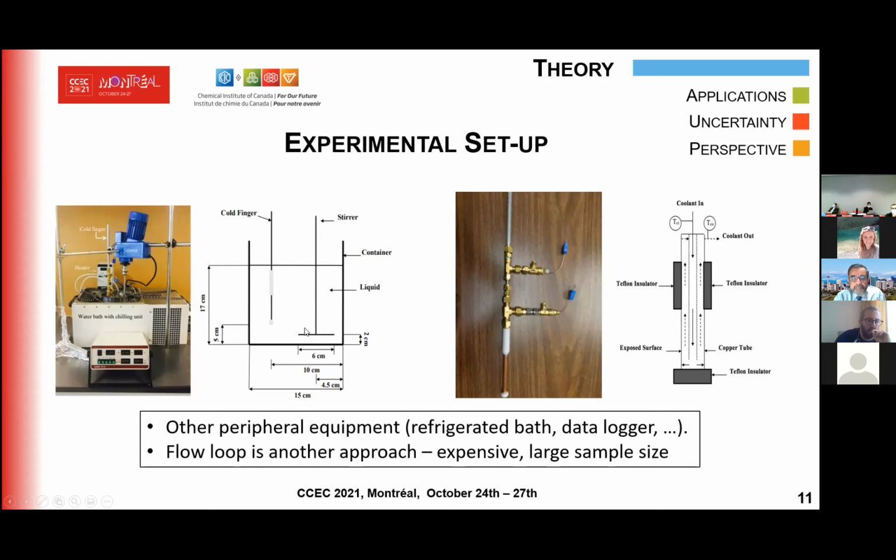It's an agitated vessel, stored in a larger container, with cooling, maintaining conditions, and so on. So there are other peripheral equipment, baths and data logger. I'm not showing all that here, but the basic concept is quite simple. It's a simple heat exchanger that you dip into the liquid reservoir.